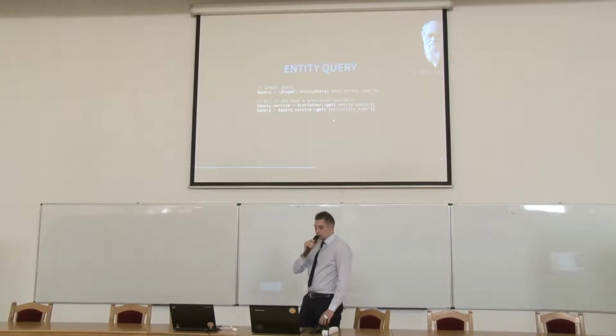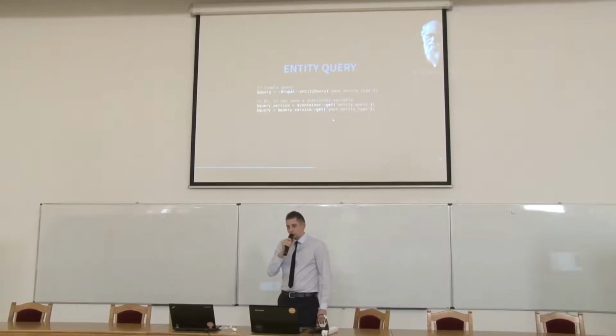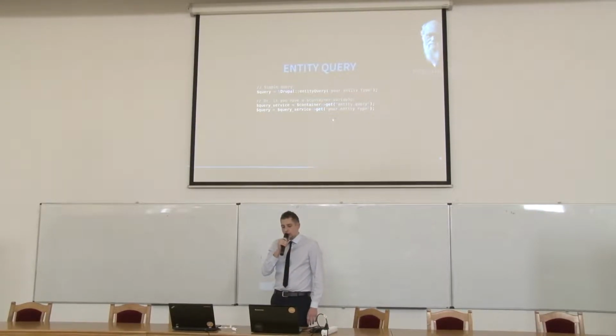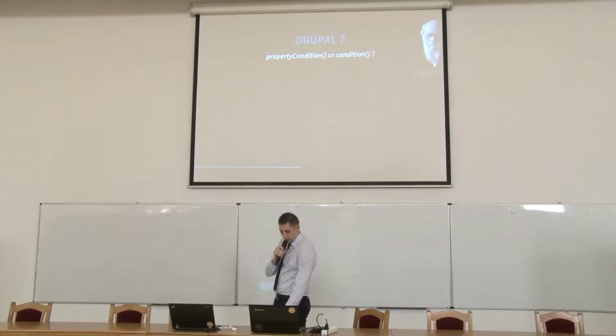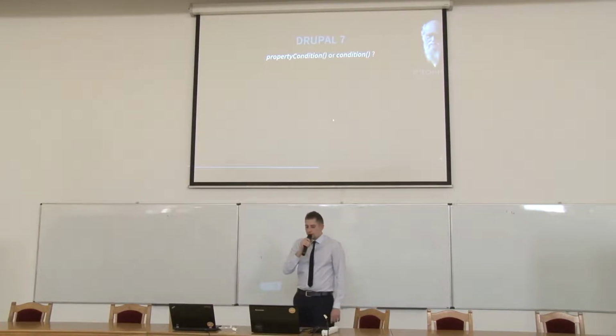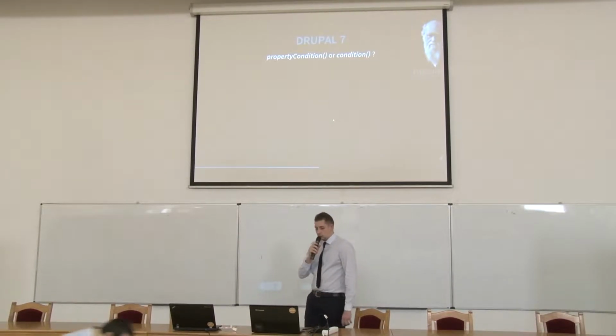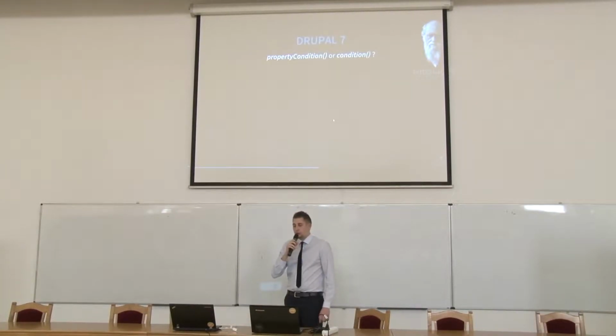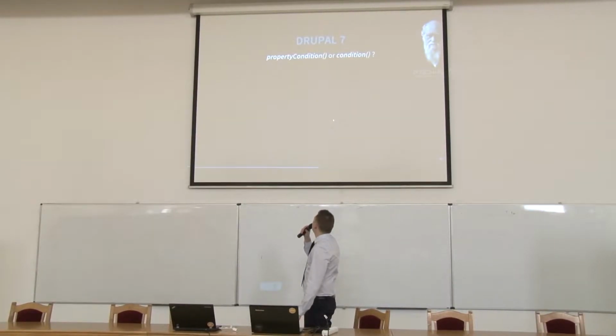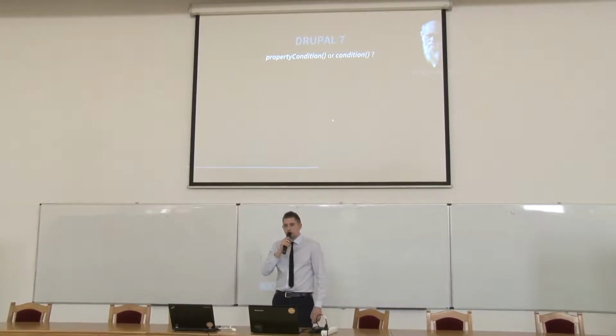If you want to query to find the entities, you should use the entity query. And you should use dependency injection for this object if it's possible. So in Drupal 7, the entity query had the property conditions, the conditions for the properties of the entity, and conditions for the fields.